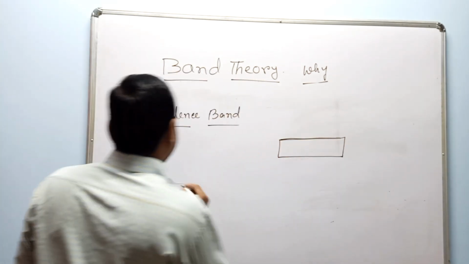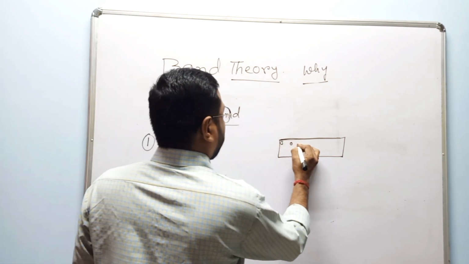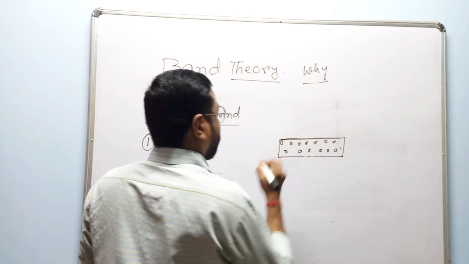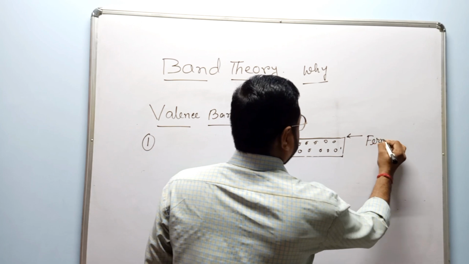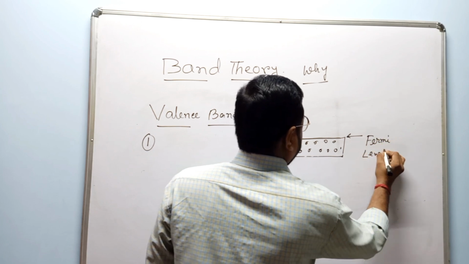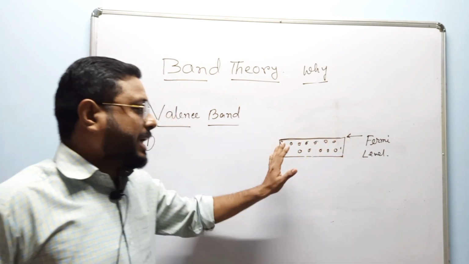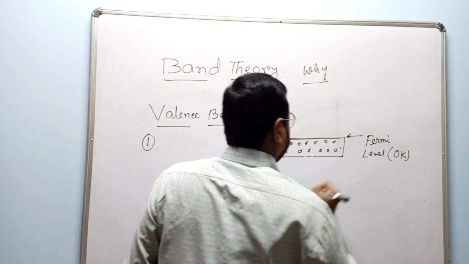And the properties of valence bands are such as, here the electrons are completely filled and the uppermost energy level in the valence band is called Fermi level. The uppermost energy level at 0 Kelvin is called Fermi level.